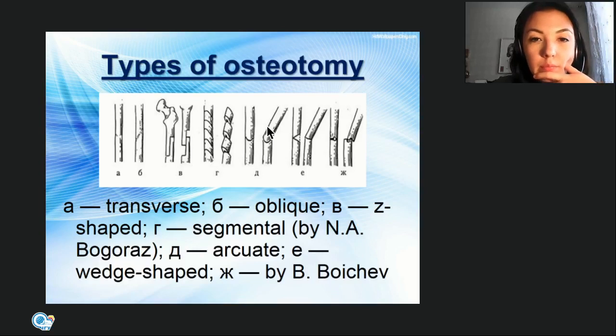Arcuate, to remove angular displacement, or maybe vice versa, to create it if necessary. Then wedge-shaped osteotomy, and special osteotomy by Boychev.